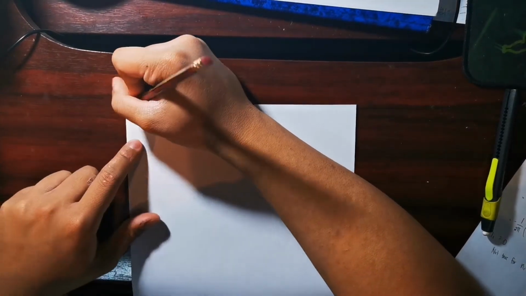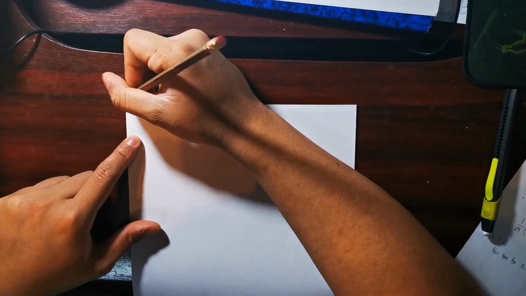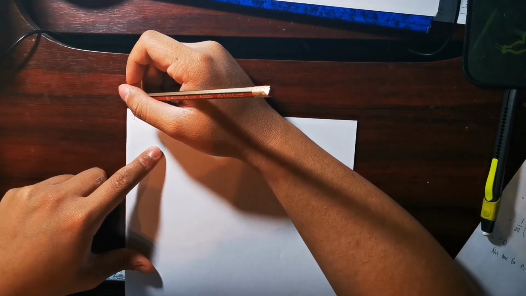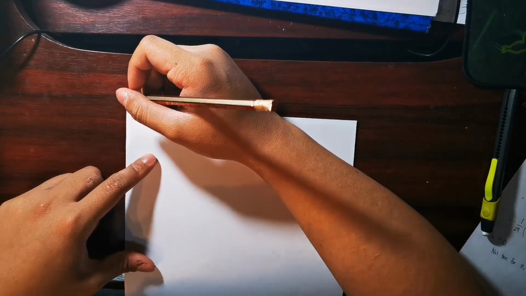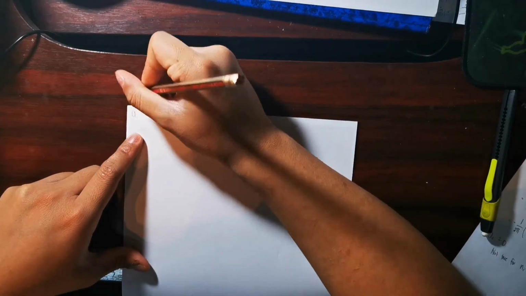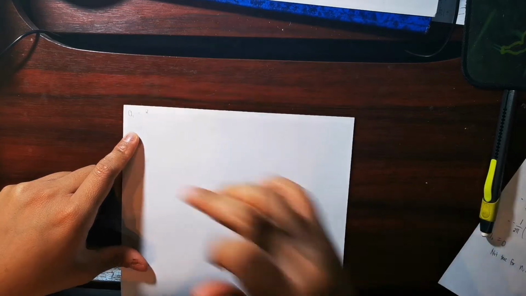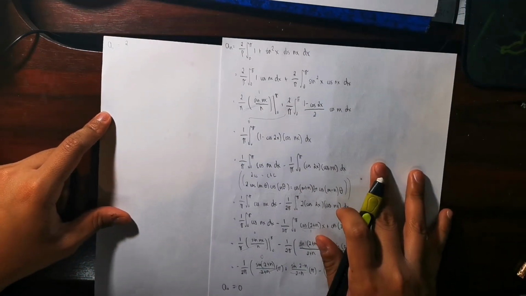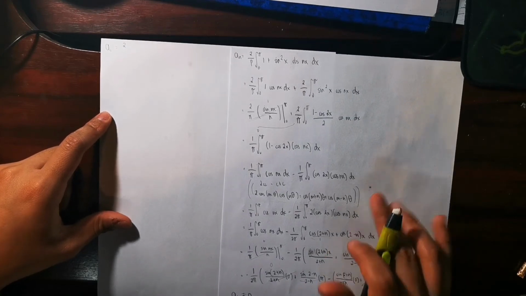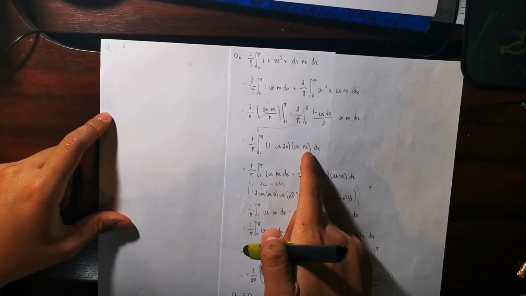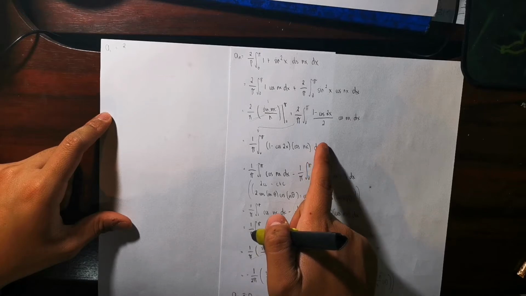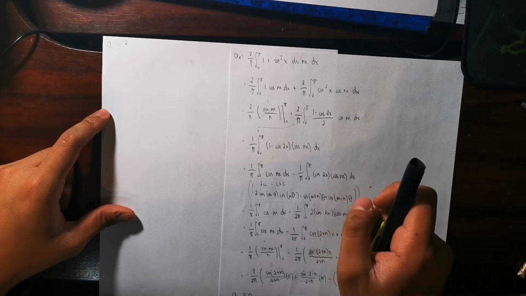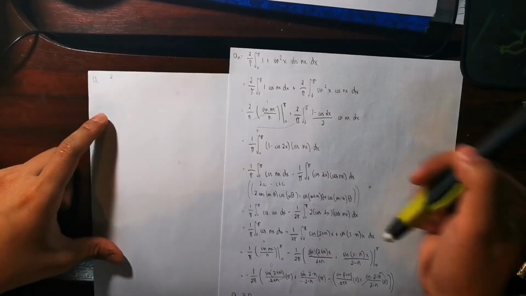So our a sub 1 is equal to, we'll just copy the term here and shortcut our way through. Let's keep the part over this one, 1 over pi.